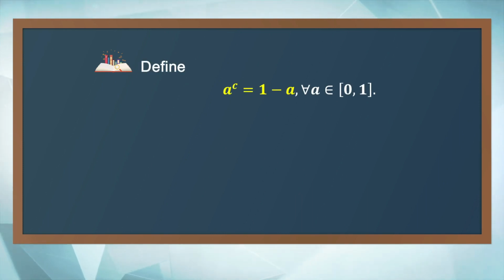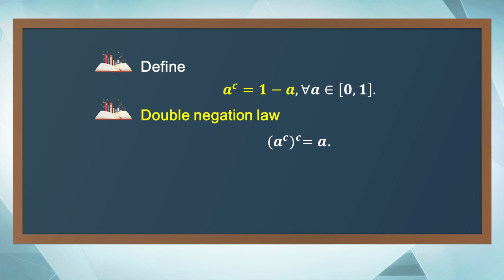Now back to the unary operation we have defined on the closed interval from 0 to 1. For all elements a in the closed interval from 0 to 1, define the complement of a as 1 minus a. It is still called the complement of element a. In this algebraic structure, the complementary laws do not hold, but the double negation law holds.